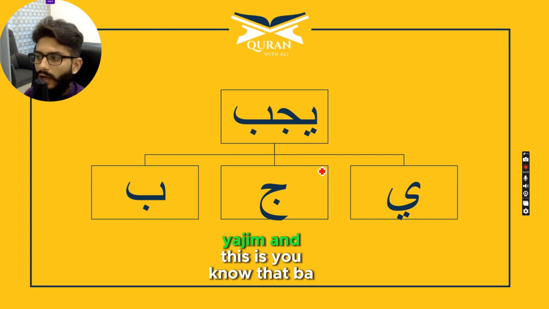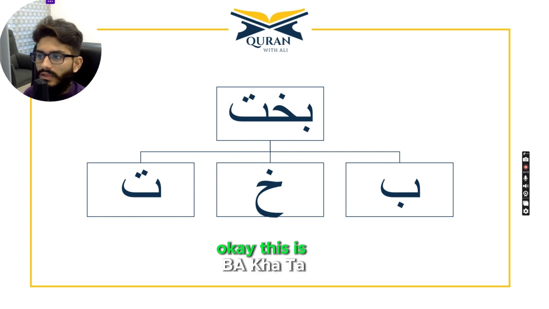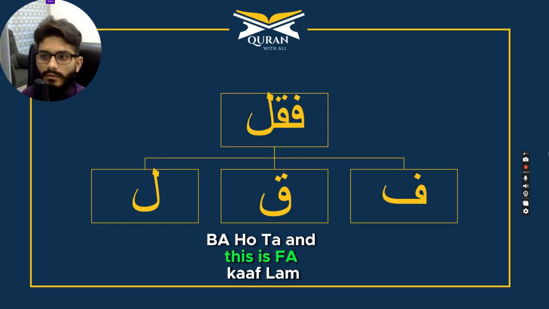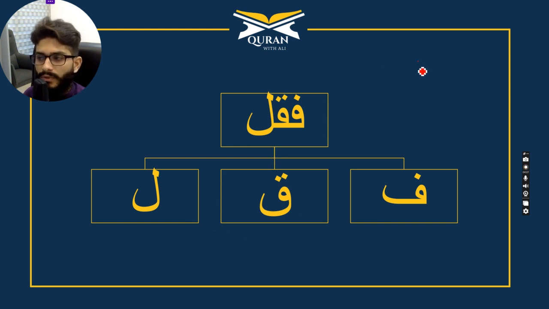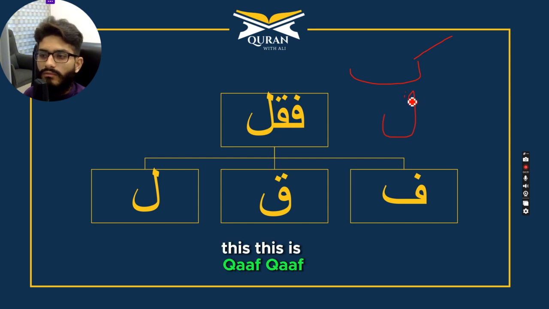Okay, ya jim, and this is, you know, that ba. Ya jim ba. Okay, this is ba kha ta. Ba kha ta. And this is fa qaf lam. The previous was kaf, and this is qaf.